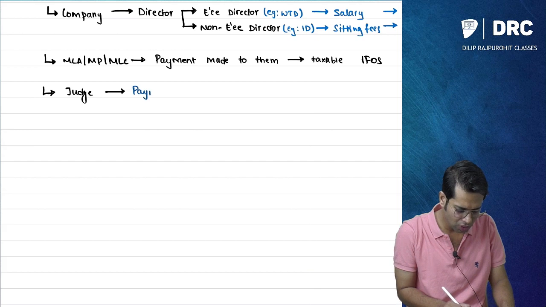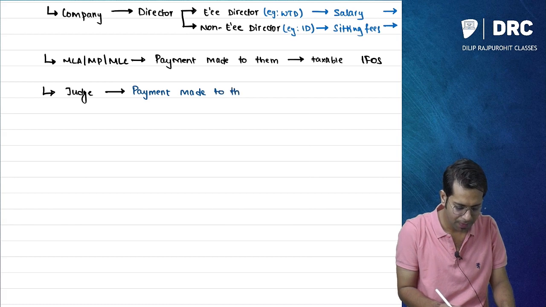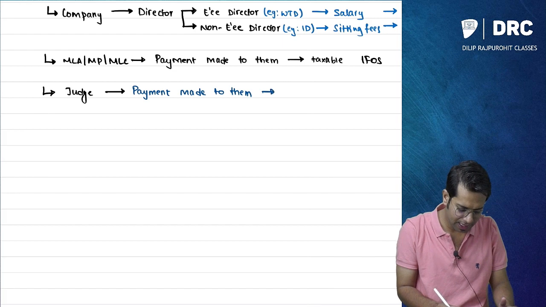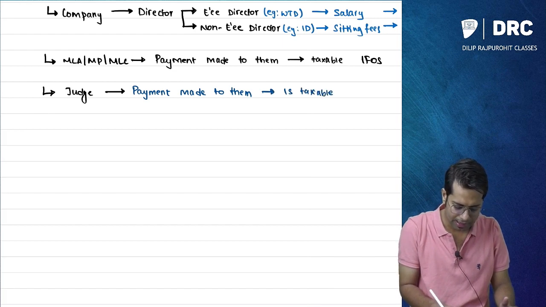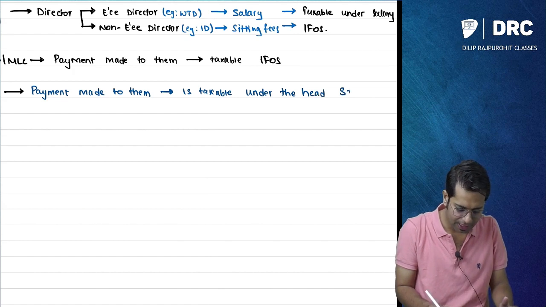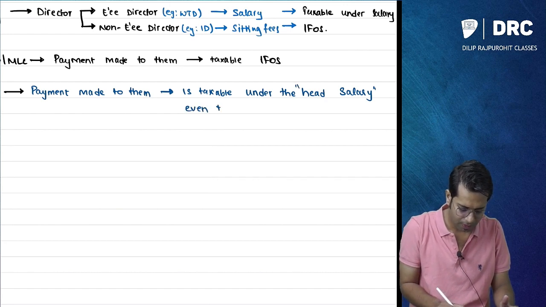Payment made to a judge of the Supreme Court or High Court is taxable under which head, sir? It is taxable under the head salary.